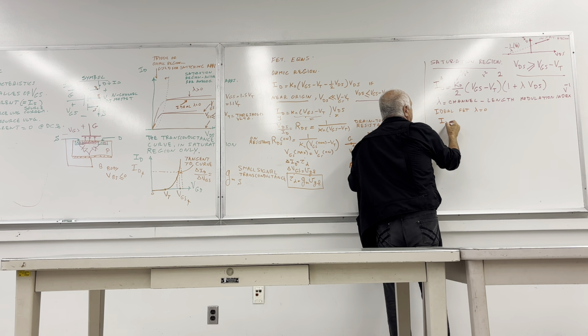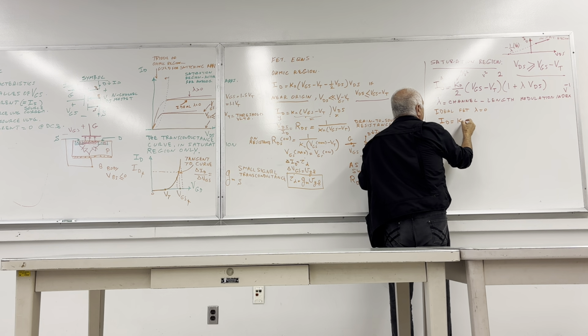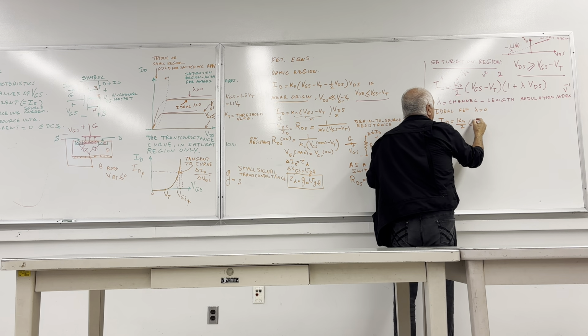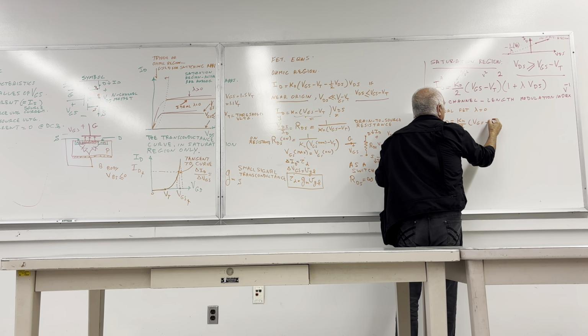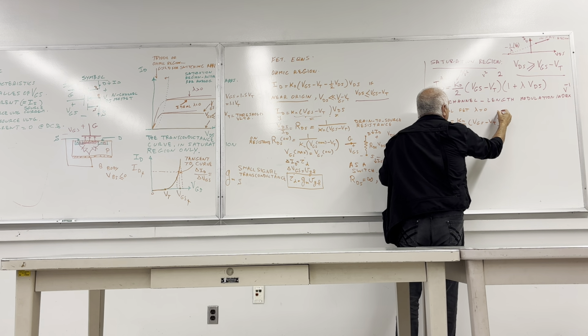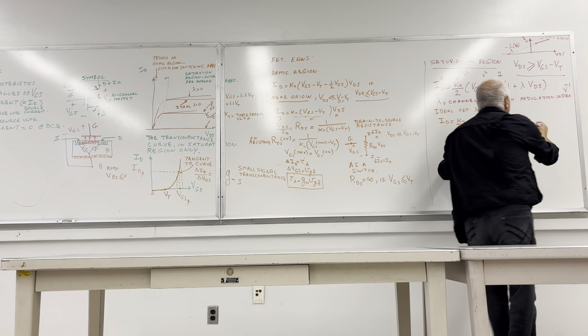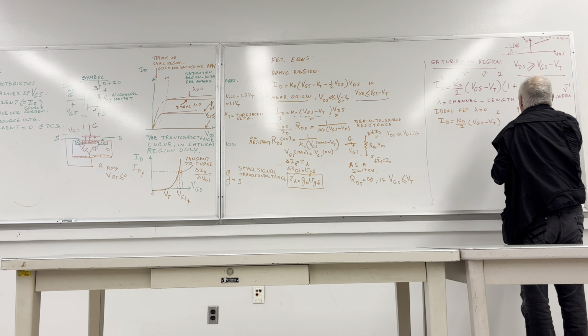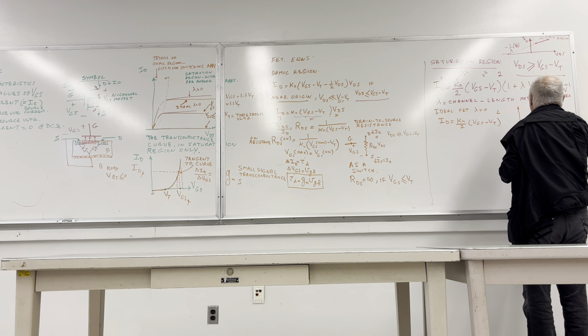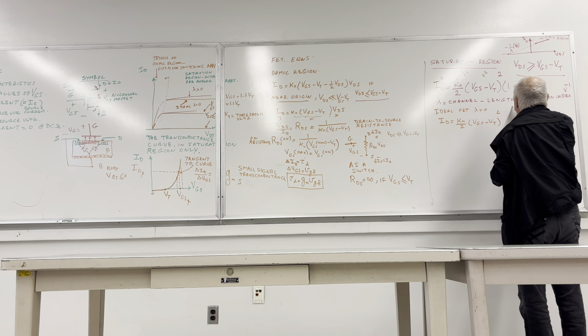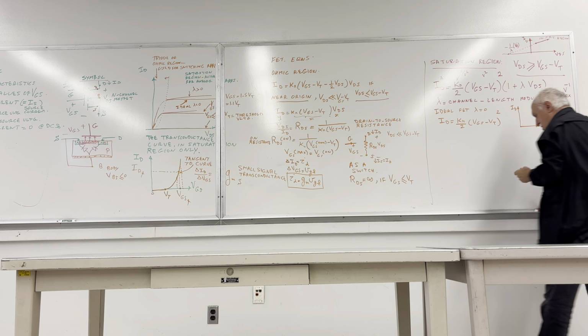Equation is ID equal to Kn over 2 times VGS minus VT squared. This equation, gentlemen, is exactly the curve that I drew earlier: VGS, ID, and the curve.